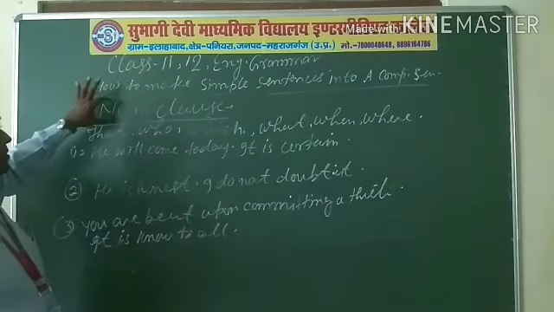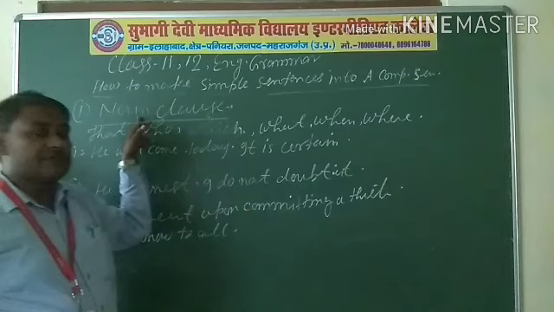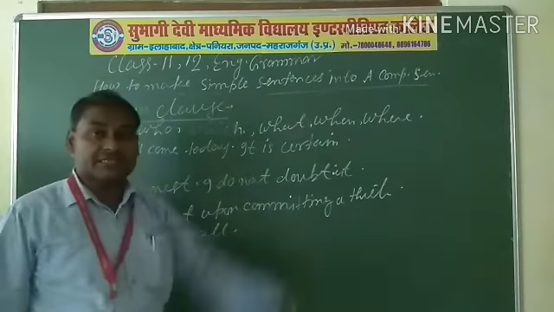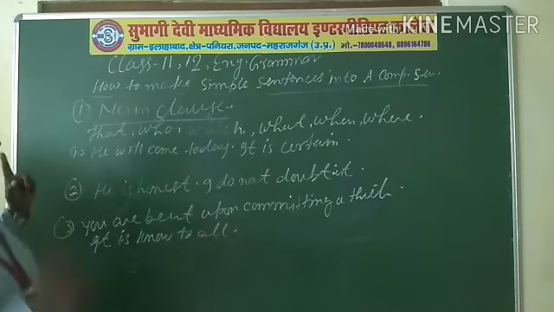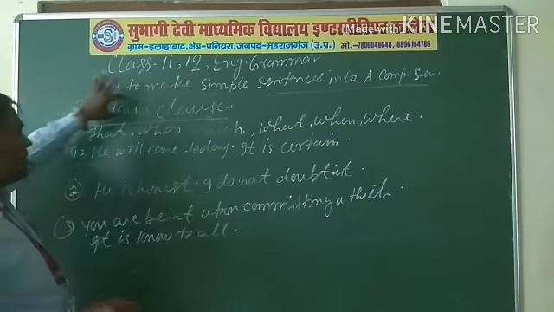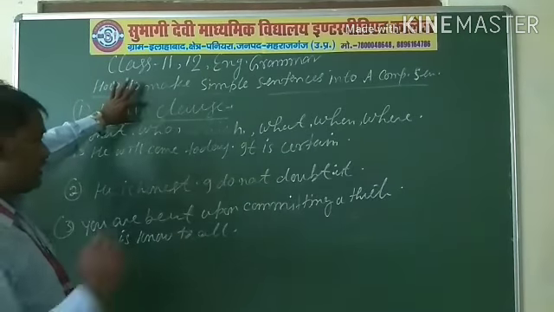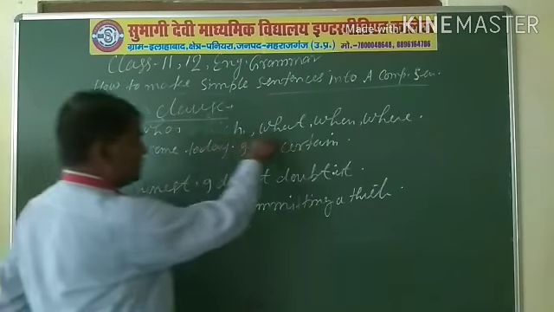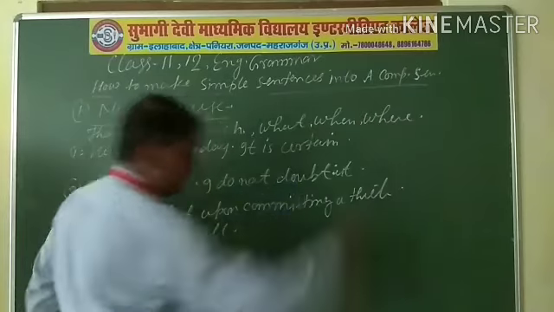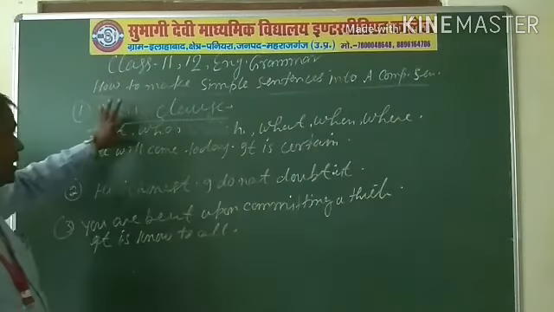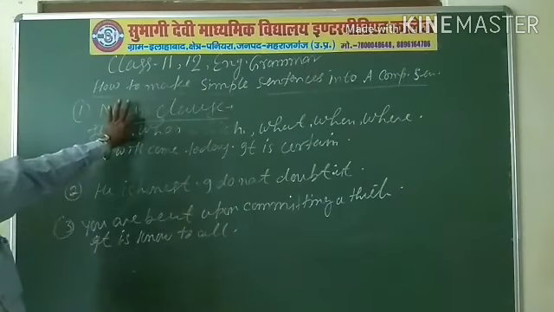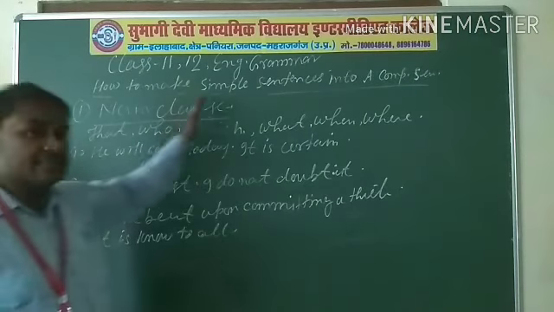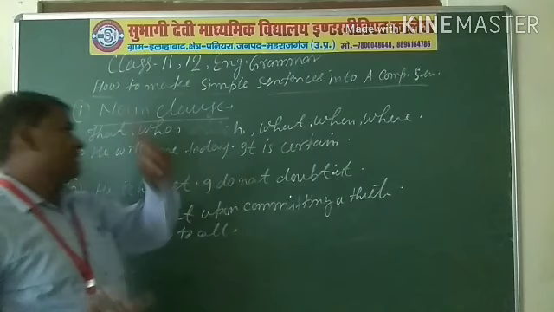The first topic: by the help of noun clause, how to add two or more simple sentences into a complex sentence. With the help of noun clause, the chief words are that, who, which, what, when, where, etc. By the help of these words, we have to add two or more simple sentences into one complex sentence.